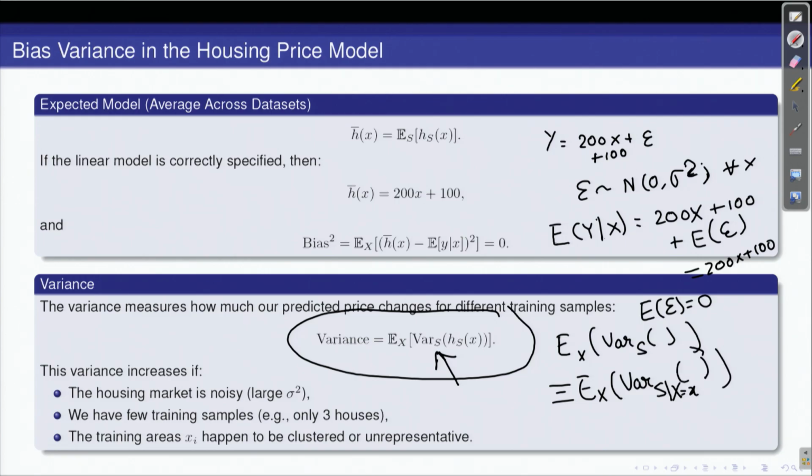You take the conditional distribution of S fixing x, and then you take expected value with respect to x. But why is that so?